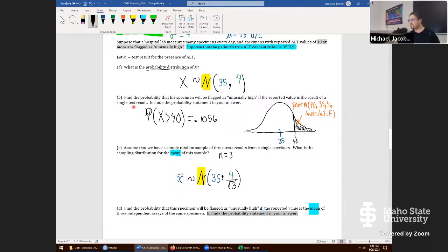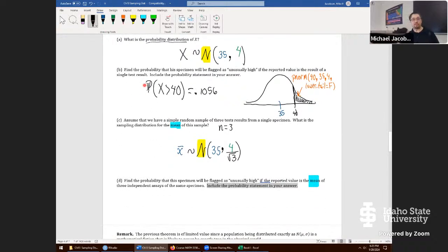And this time it would go like this. Almost exactly like what you did in part B, but it would go probability that the sample mean, or X bar, is greater than 40. It's pretty much the same exact picture right here. We're just making a change in that location. Let's write that out just so it's apparent in the notes.